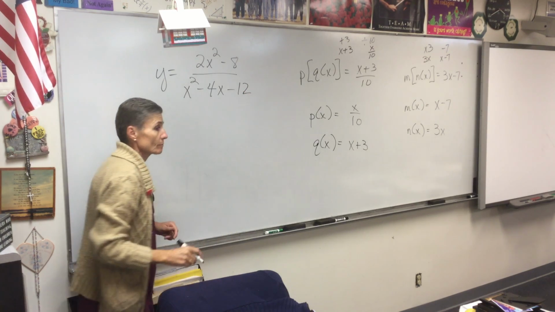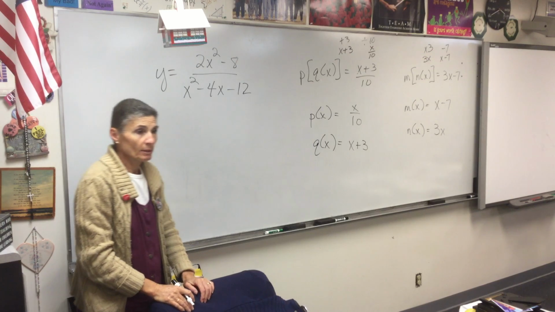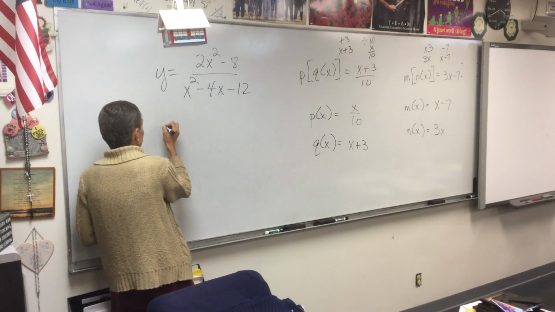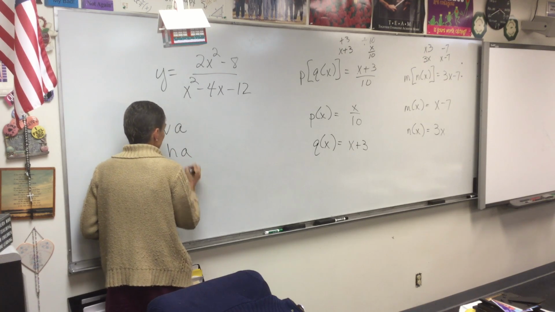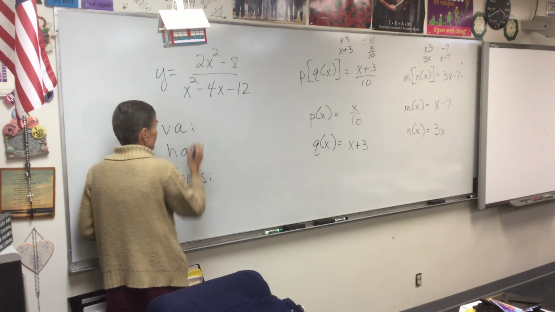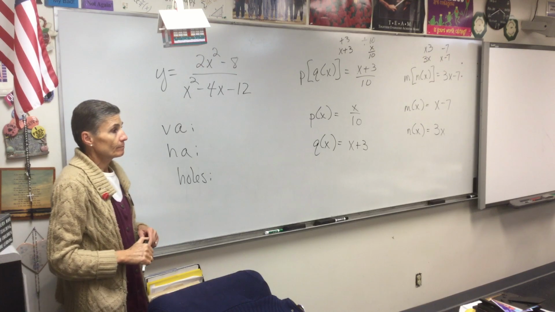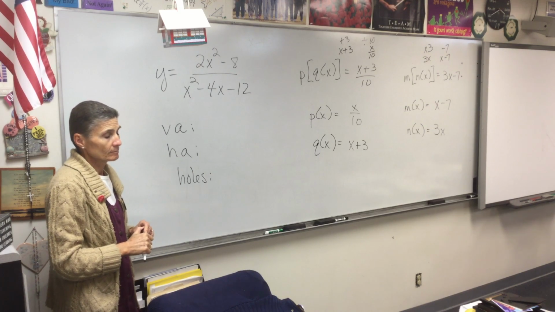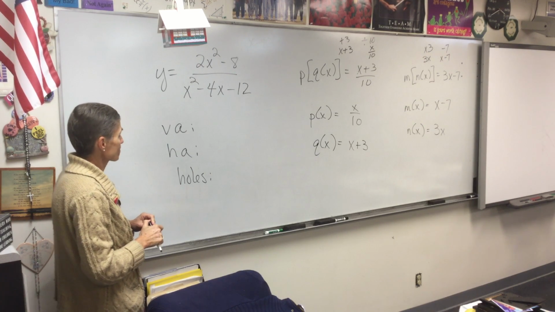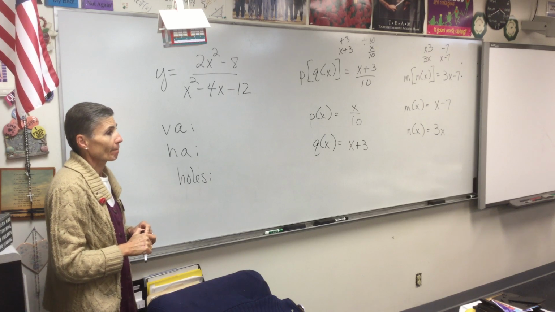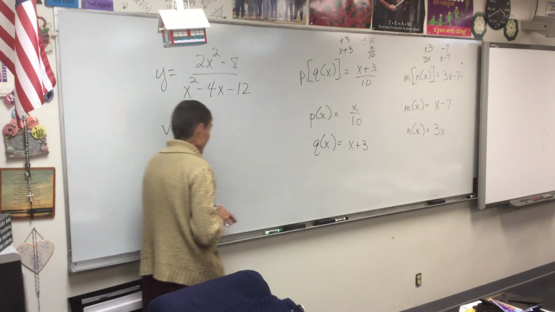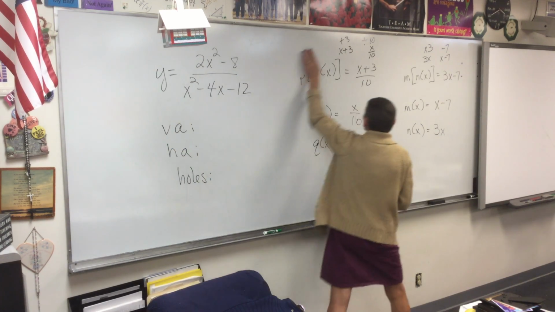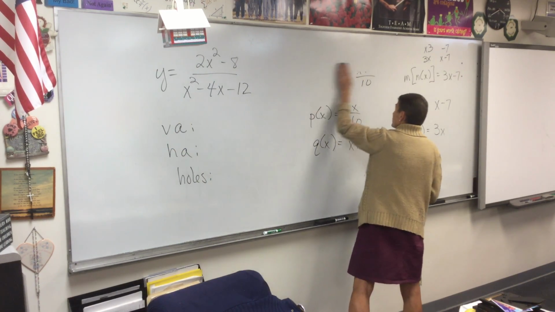Okay, here we go. Here is our problem. Our job is to identify vertical asymptotes, horizontal asymptotes, and holes if we have any. All right. Hannah, how do I start? Factor everything. I'm going to factor everything. So Hannah, how does the top factor?